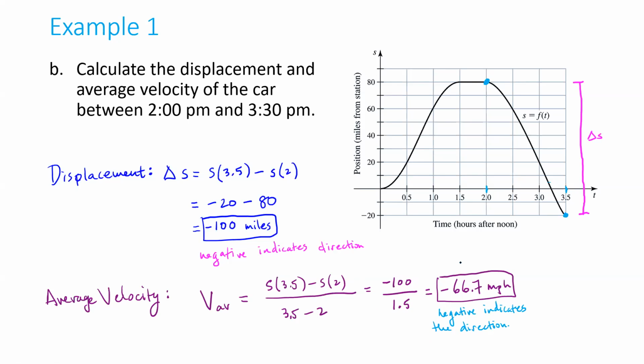So this tells us that he was going an average of 66.7 miles per hour headed west, right? Because west was the negative direction. Okay.